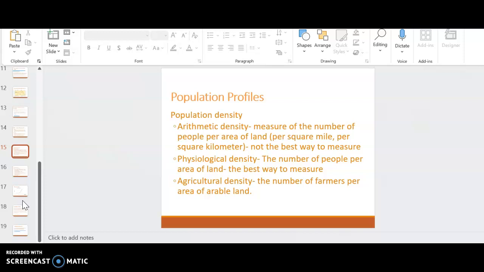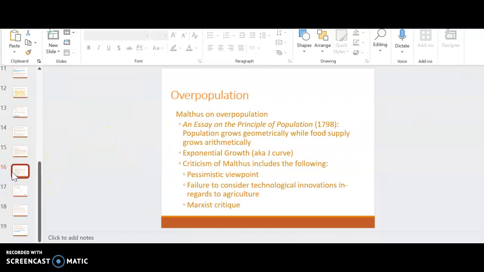There's physiological density, which is the number of people per area of arable land, and this is the best way to measure because it gives you an idea of the way the area is set up, so that we know why people are living in those specific areas. Agricultural density is the number of farmers per area of arable land. So that's farmable land. And the textbook goes into a couple other reasons why there's a difference there.